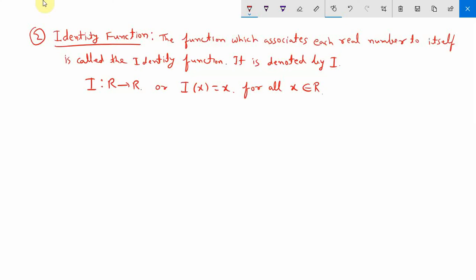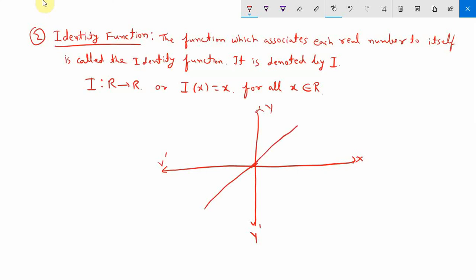The graph of identity function is a straight line passing through the origin and is inclined at an angle of 45 degrees. So if we plot the graph of identity function, this is y-axis, okay? Y dash, and we can draw x-axis here, x and x dash. So our identity function graph will be this one. It is passing through the origin and is inclined at 45 degrees with the x-axis.